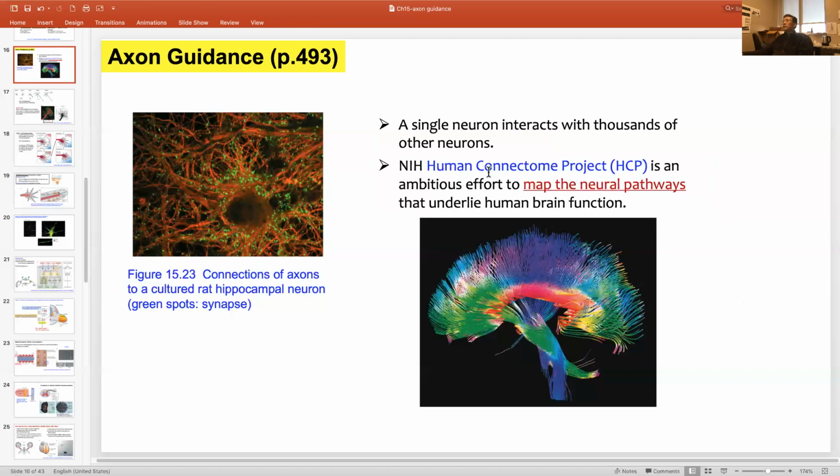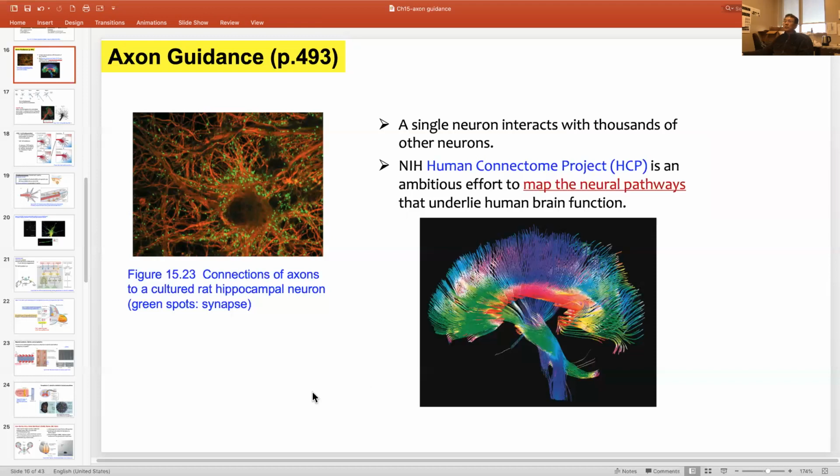This project basically develops very sophisticated techniques first, and then uses those techniques to understand which neurons in one part of the brain project into another part of the brain to make synaptic connections with those neurons.